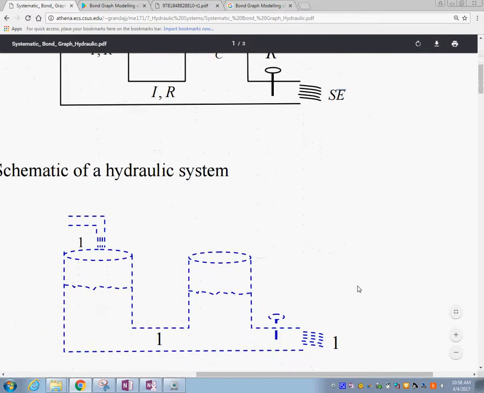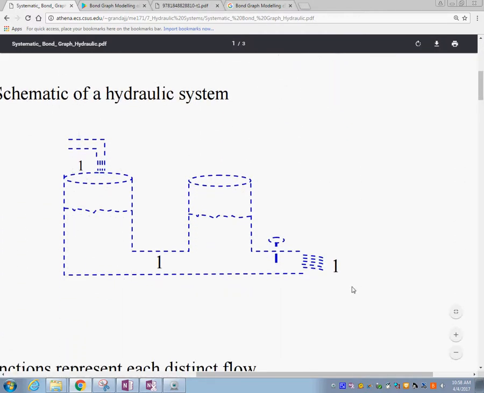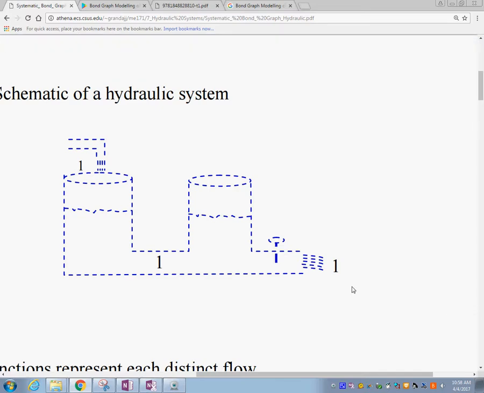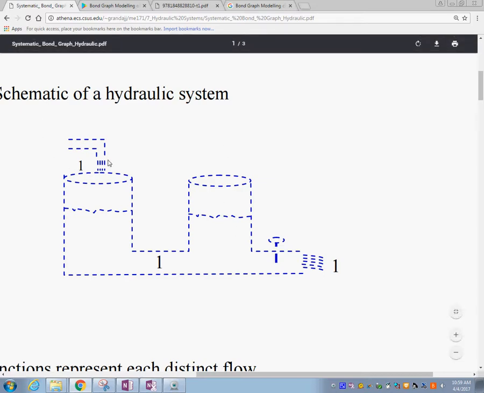So the first step that you have to do is to recognize and put a one junction for every distinct flow of the system. So you see we have put it over here, and over here.